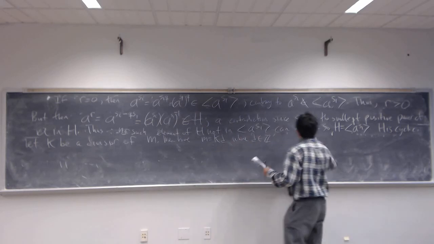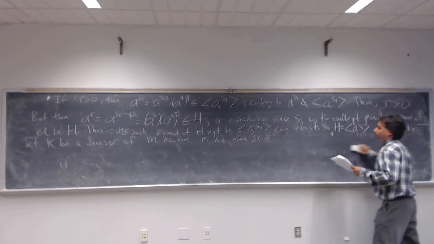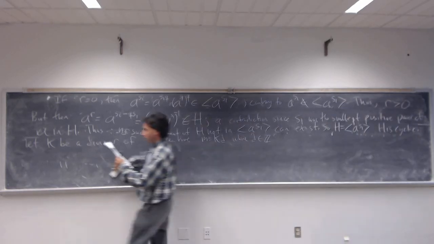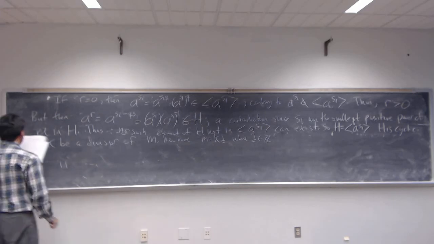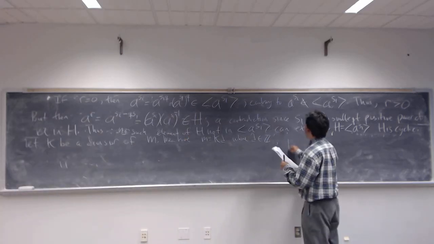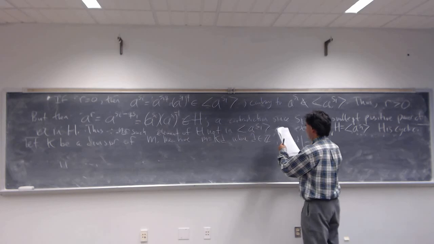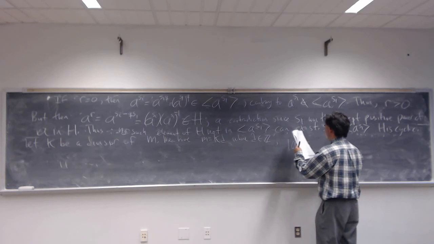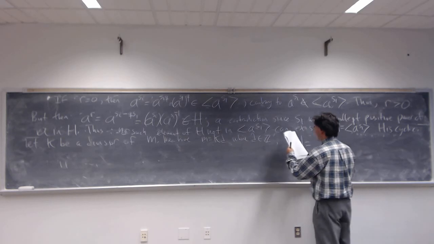I mean, everything's a positive integer. So we showed already that the order of A to the D is equal to K.